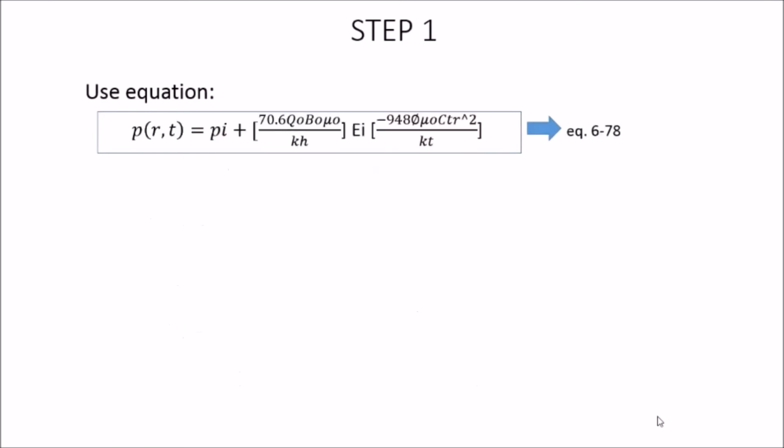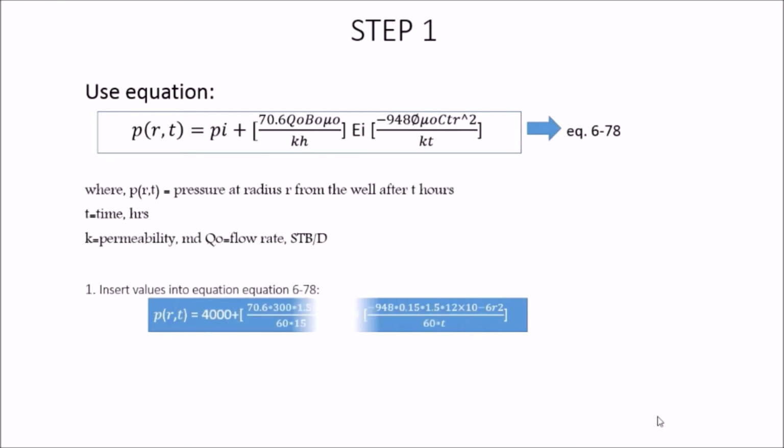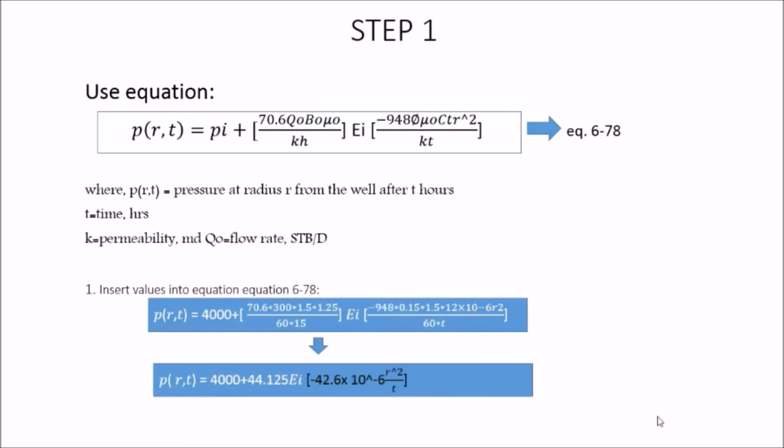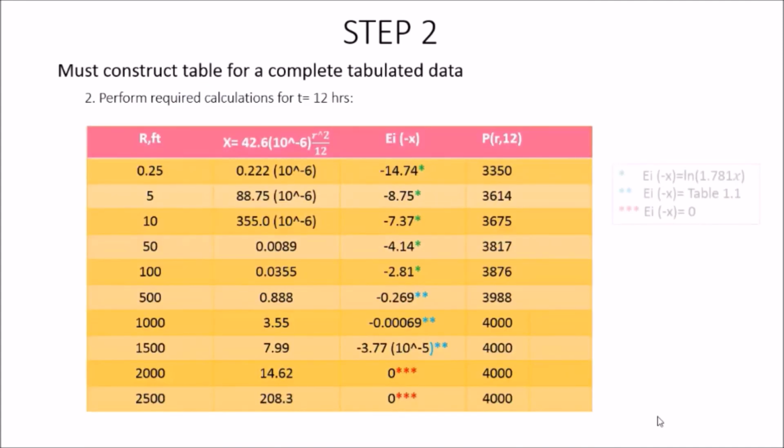So by using the equation of the pressure, we can find the pressure at the specific radius and time by just entering the information into the equation. Then we construct a table for a complete tabulated data.